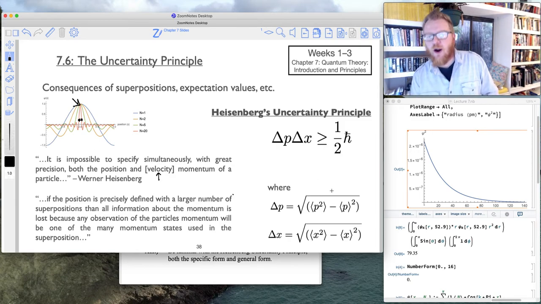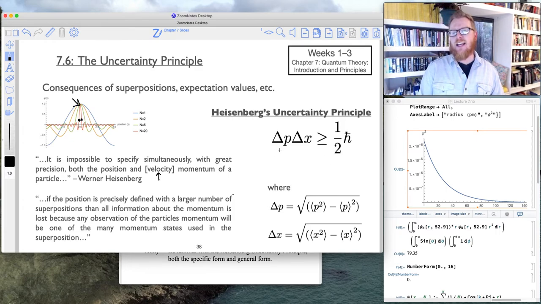So the equation for Heisenberg is given by the following. Delta P, so that's the uncertainty in the momentum, and this is not given as final minus initial, rather it's given as an arithmetic uncertainty, okay? So this is the mean square minus the square mean, all square root, which is just a type of uncertainty, like a variance, if you will.